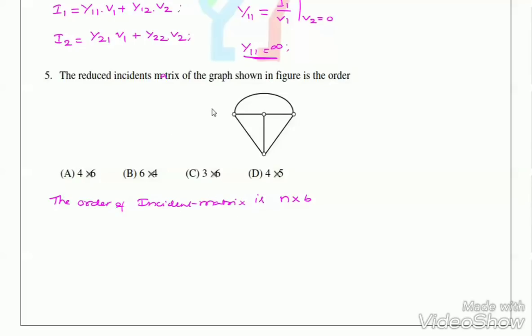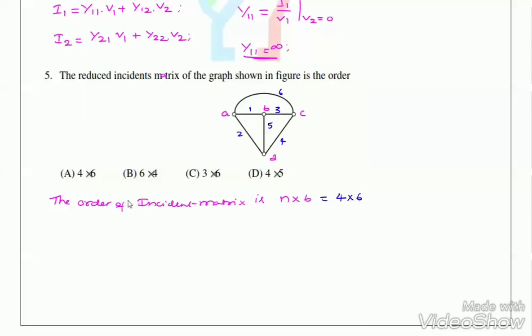So first I will take the number of nodes. Let me name them node A, node B, node C and node D. Let me give names for the branches 1, 2, 3, 4, 5 and 6 here. So the order of the matrix is number of nodes, 4, into 6.